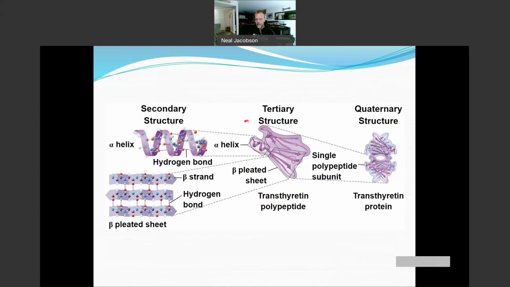And so it goes primary, secondary, tertiary. And tertiary, as you can see here, you've got part of it that's an alpha helix, part of it that's that serpentine beta pleated sheet, but other parts of it are just stringy primary structure, beads on a string elements.